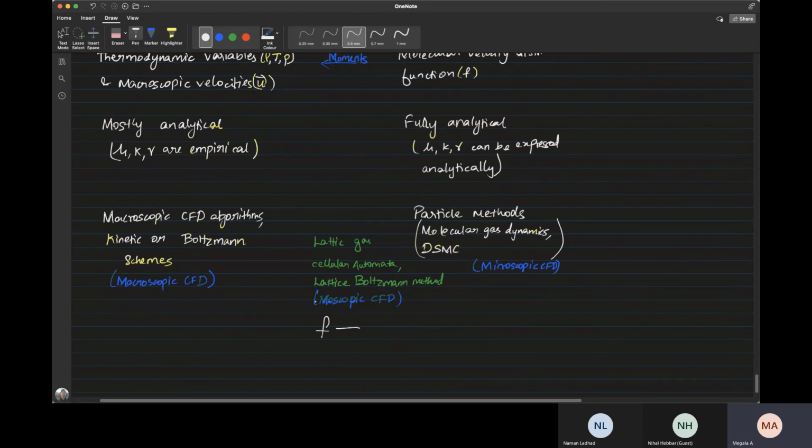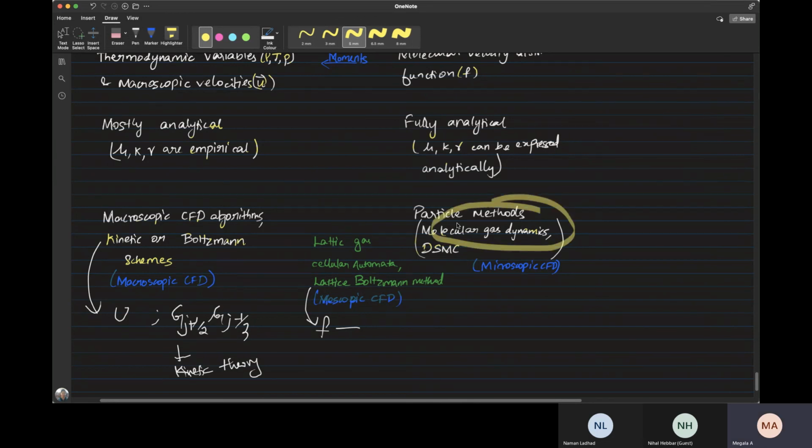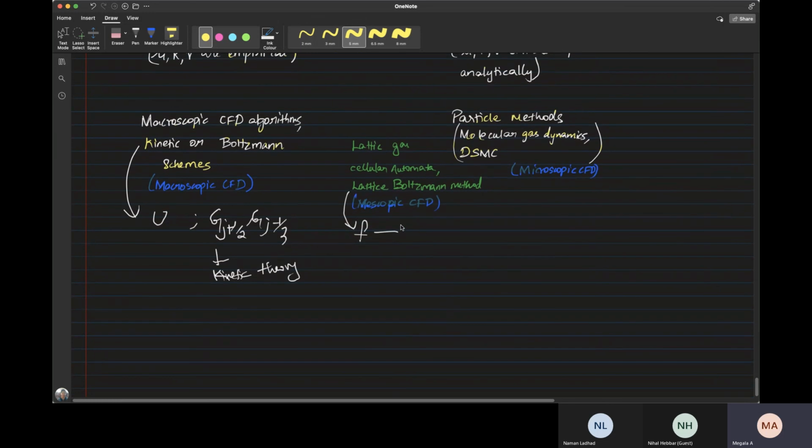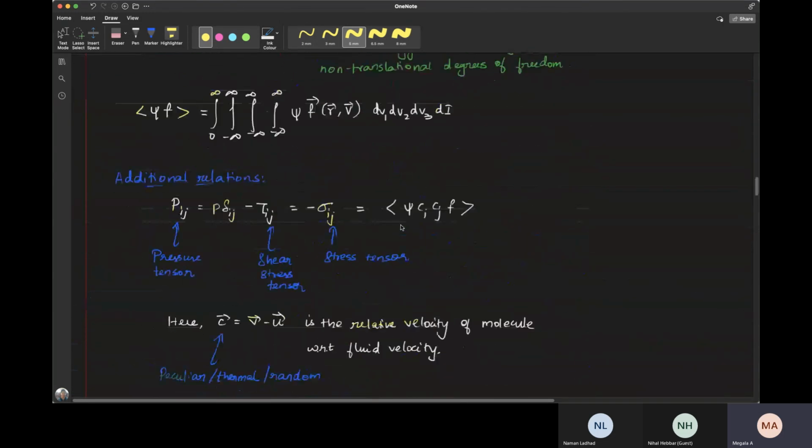So this involves evolution of F itself. Whereas in kinetic schemes we do not have evolution of F. We still have evolution of macroscopic variables U, but to evaluate our fluxes at cell interfaces, we use kinetic theory. Here it's totally evolution of particles themselves. So this is a basic introduction to kinetic theory.